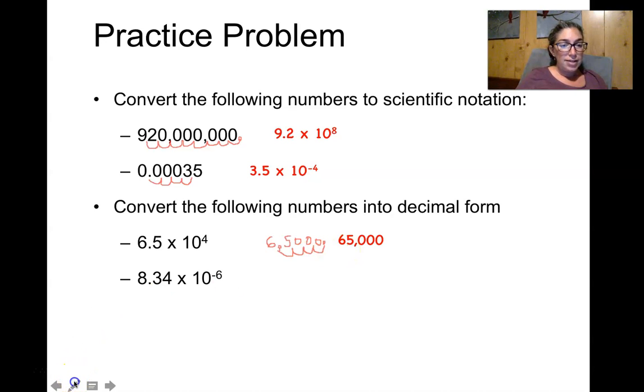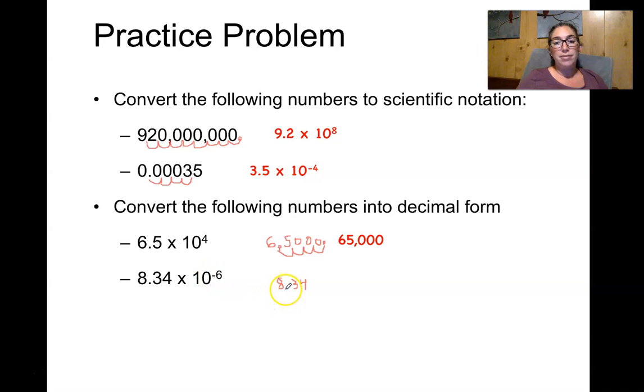And in the second example, or practice problem, again, I'm just going to rewrite this out so I have room. So we have 8.34 times 10 to the negative 6, that means this is a very small number, the negative sign.